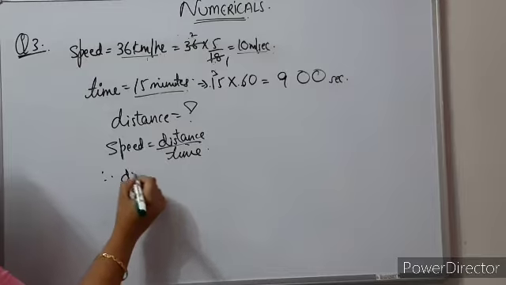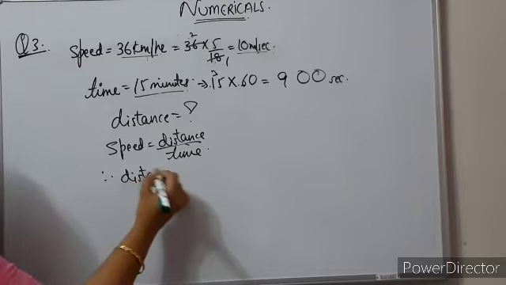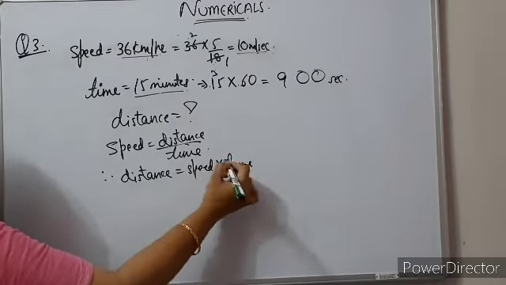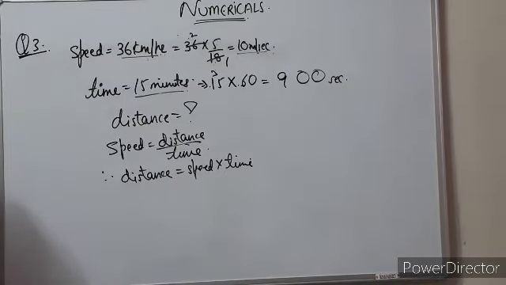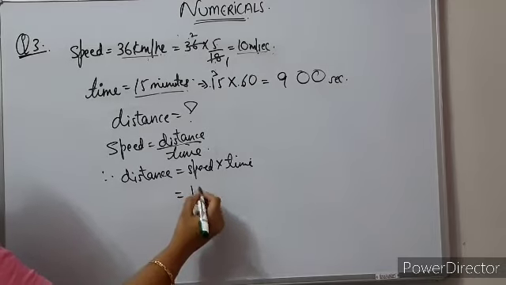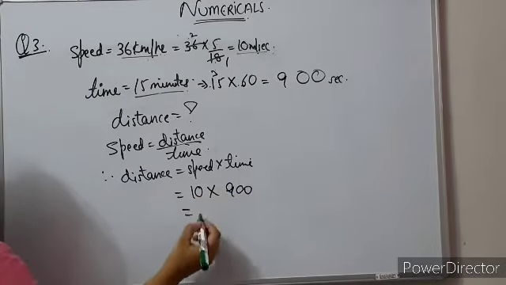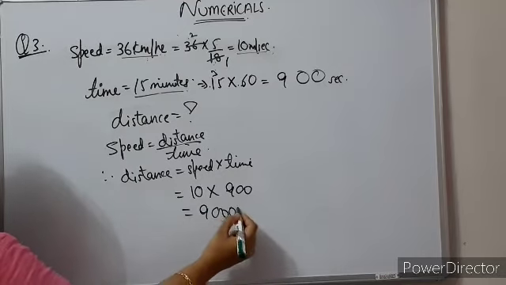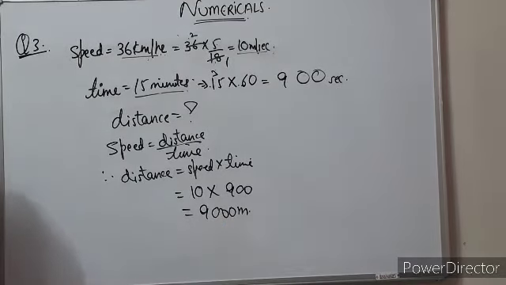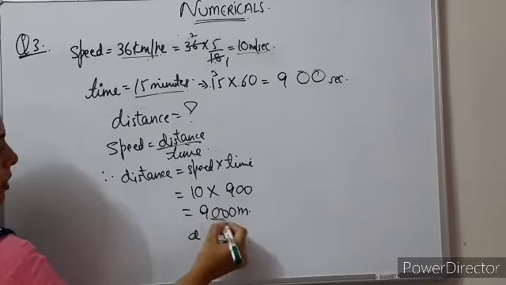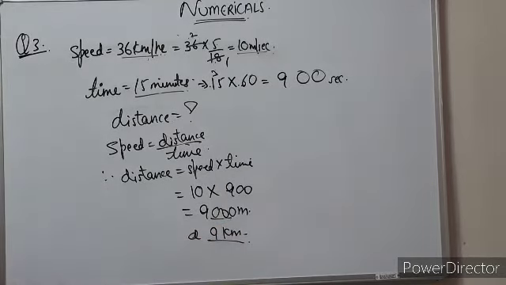From here we can have the formula of distance, that is speed multiplied by time. Now speed is 10, time is 900. So 10 multiplied by 900, it will be 9000 meter. Fine. Or you can say 9 kilometer, because thousands make kilometers. So you can write both.